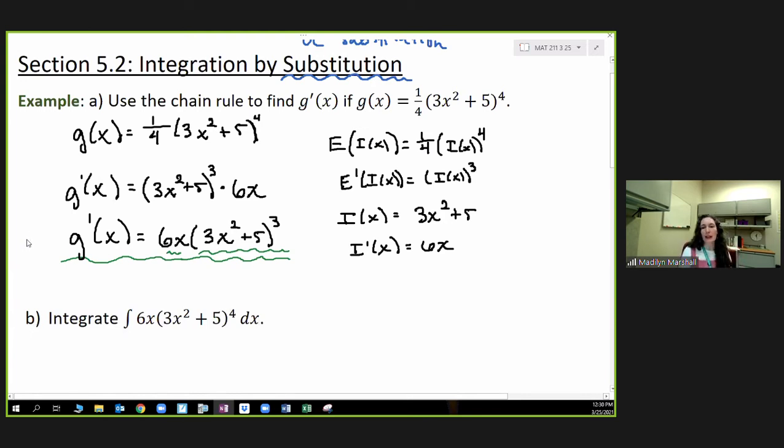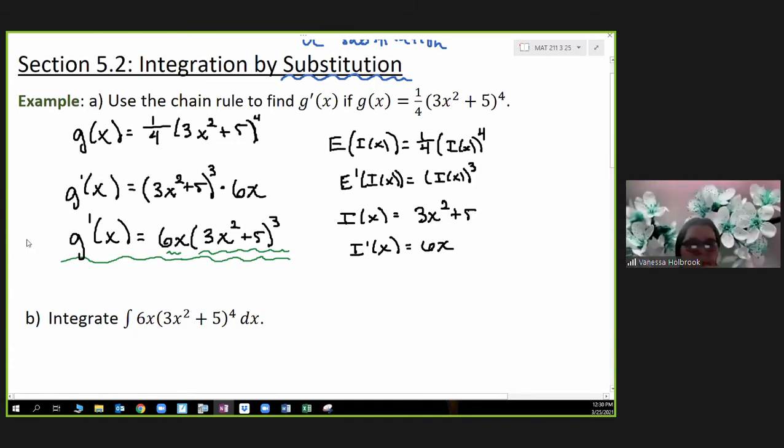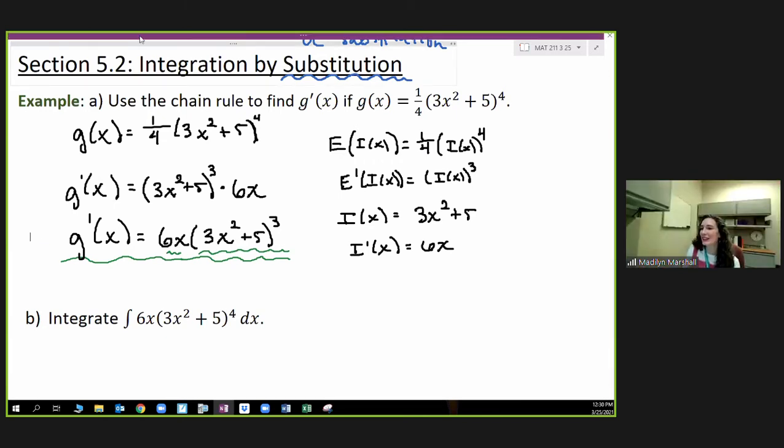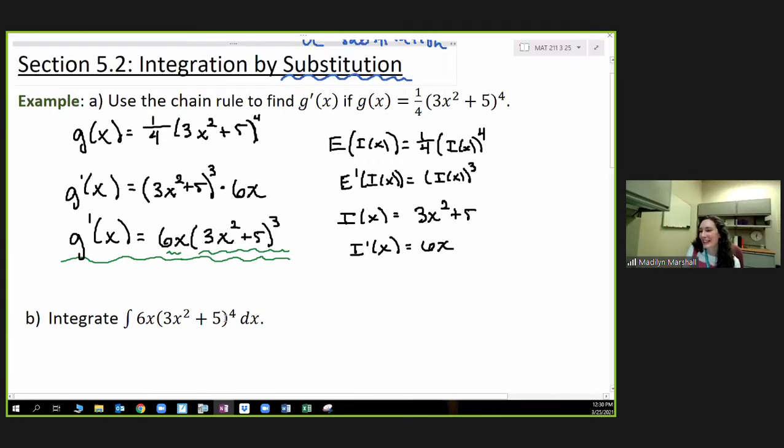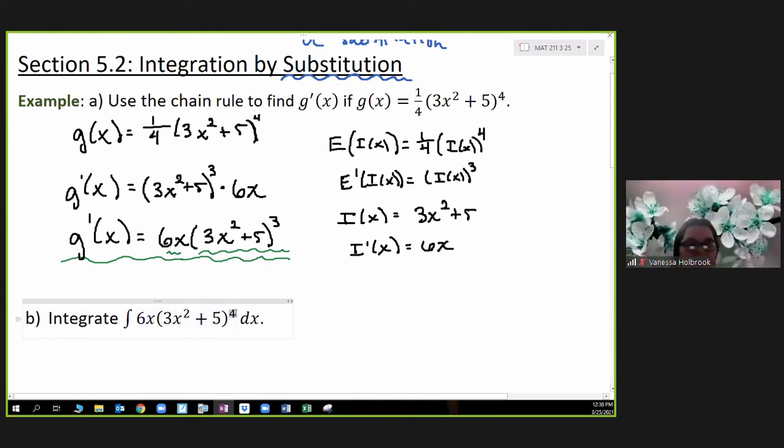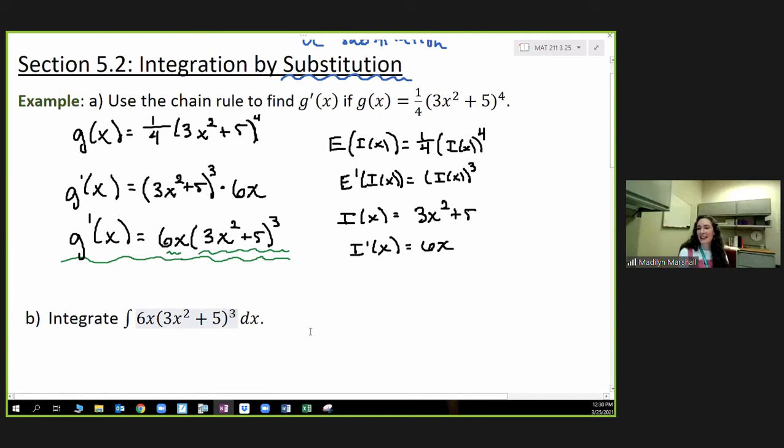So part B. Is that supposed to be to the third? Yes, it is. Thank you. This wouldn't work the way I planned if it was to the fourth. Okay, so now that typo is fixed.